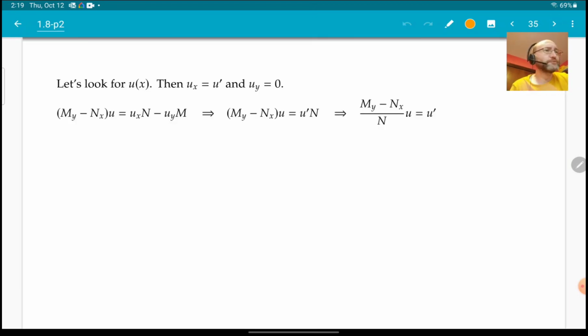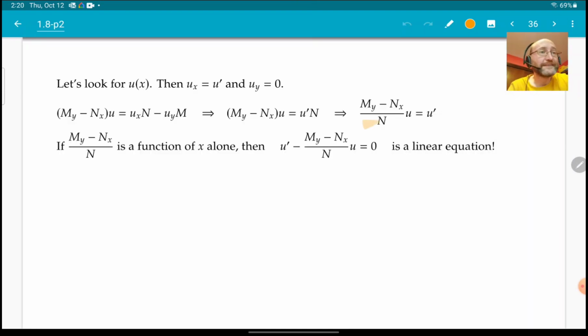And yeah, I can move things about, right? I get a linear equation, like a fairly simple linear equation. It's some function of, unfortunately, maybe x and y, but if it would be a function of x only, it would be a linear equation. Let me put it that way, right? So some function times u equals u prime.